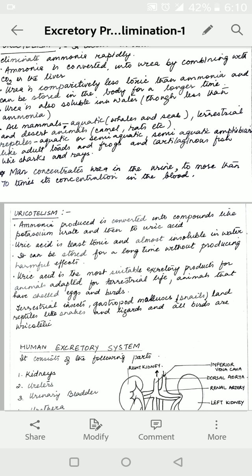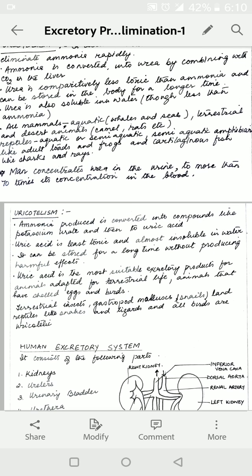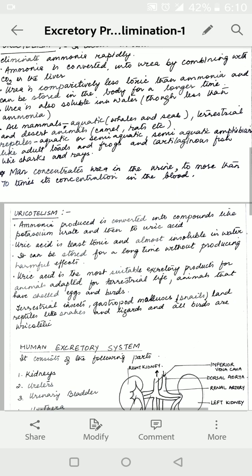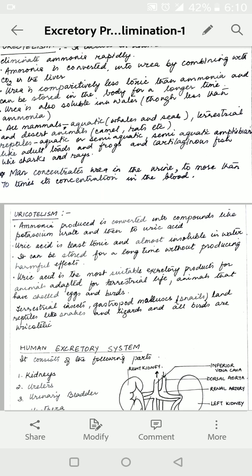So uric acid becomes the most suitable excretory product for animals that are adapted for terrestrial life, basically animals that have shelled eggs, and the birds. They are well adapted for excretion of uric acid as their chief excretory product.